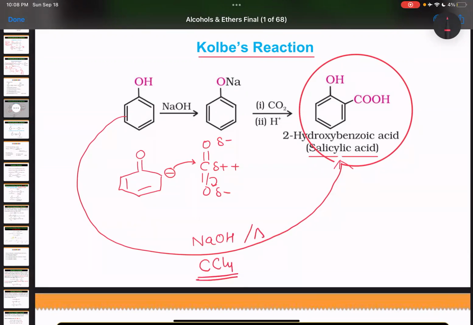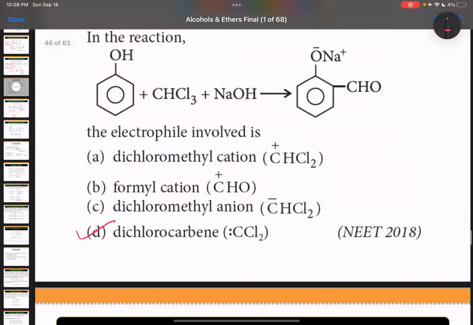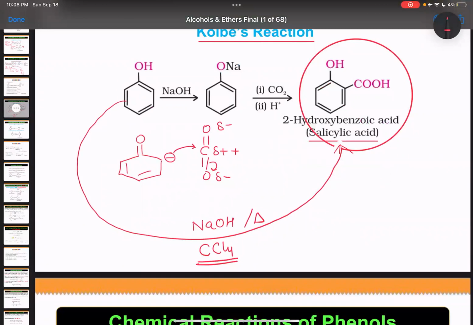Is it clear? Okay, so that also is very important. If you take chloroform, you will end up with an aldehyde group. But if you take CCl4, you will end up with a carboxylic acid group.